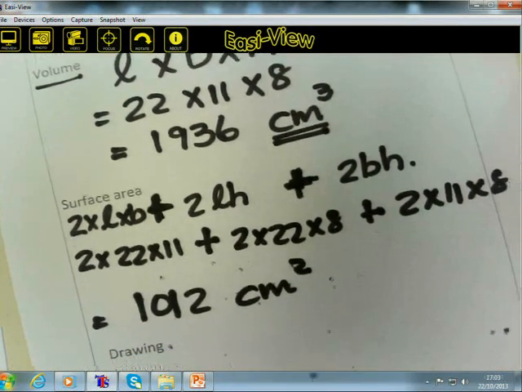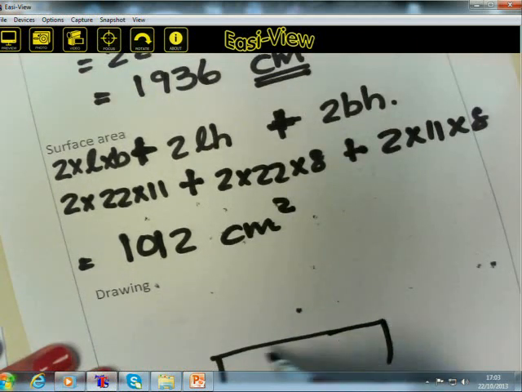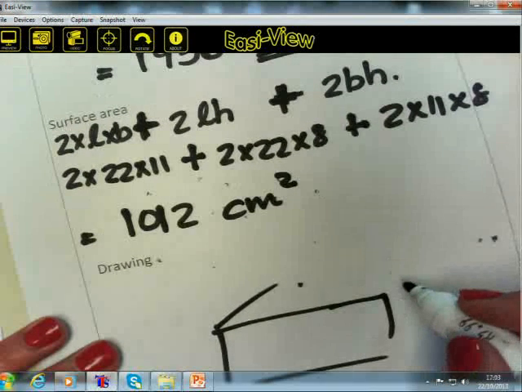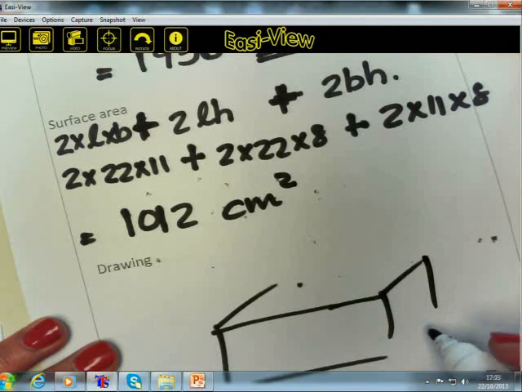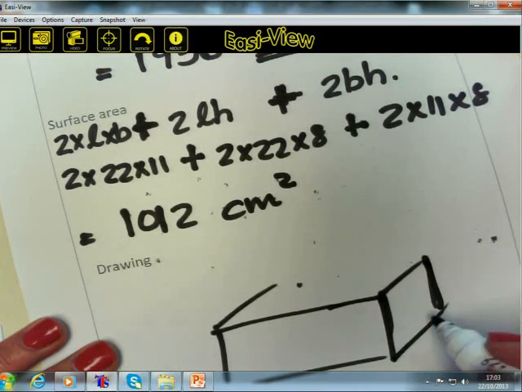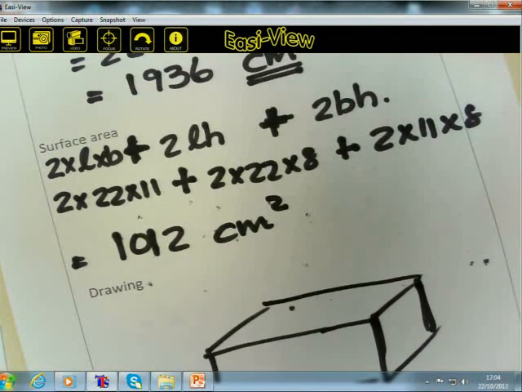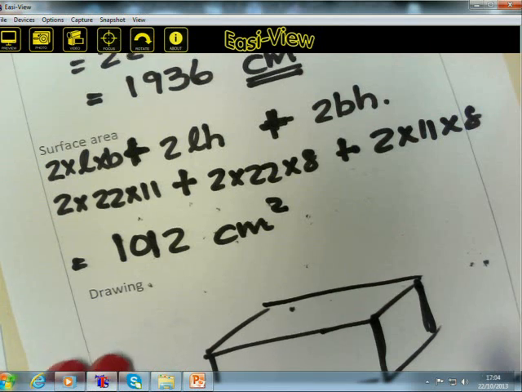If I quickly do a drawing of the rectangular prism, try to keep your lines parallel. These lines must all be in the same direction, and these must be in the same direction, and those ones. That is a rough sketch of the rectangular prism.